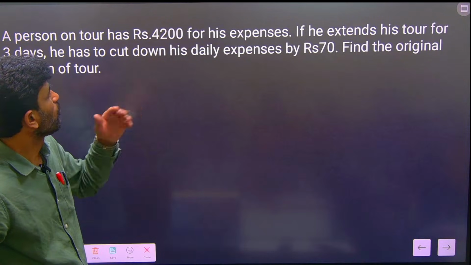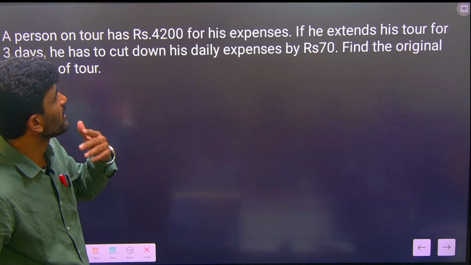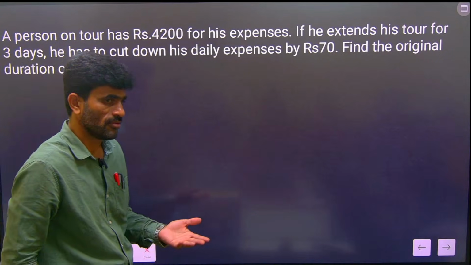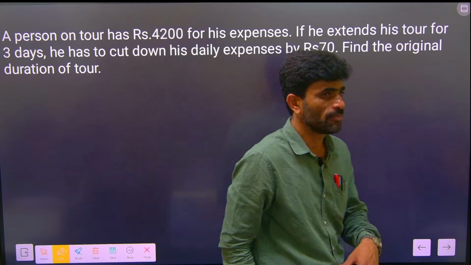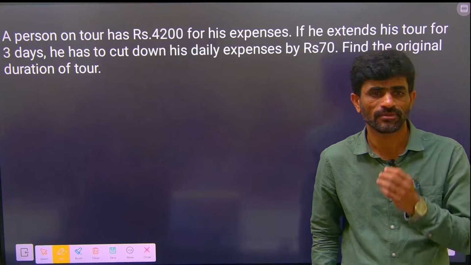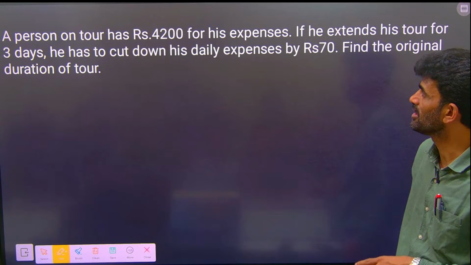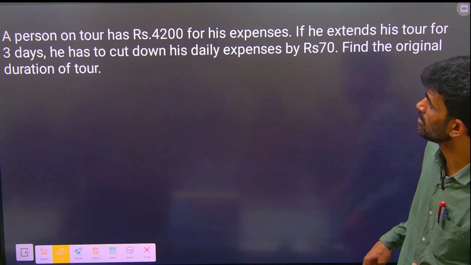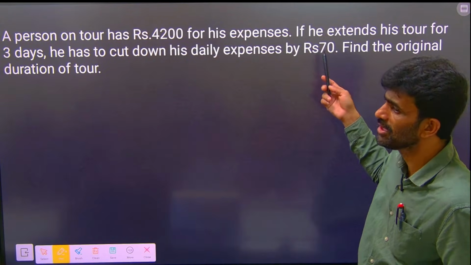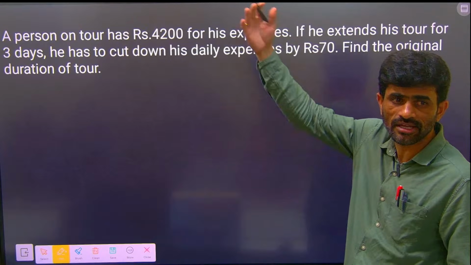So he took 4,200, but after that, what happened? He extended his tour for 3 days. The amount is same, but the number of days is increased. When the number of days increases, what happens? On each day, expenditure will be reduced. See, cut down. Daily expenses will be less because the number of days is increased.